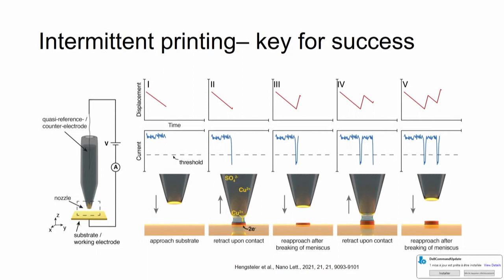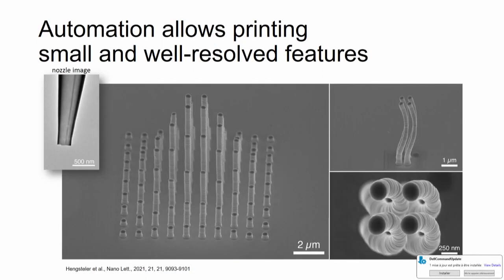It goes up, the current drops again, and then it reapproaches and deposits another layer of material. So you basically break down the fabrication process into very tiny, short periods of actual printing. The existence of this meniscus is only a couple of milliseconds on the surface, so you repeat it many, many times per second for your printing experiment.